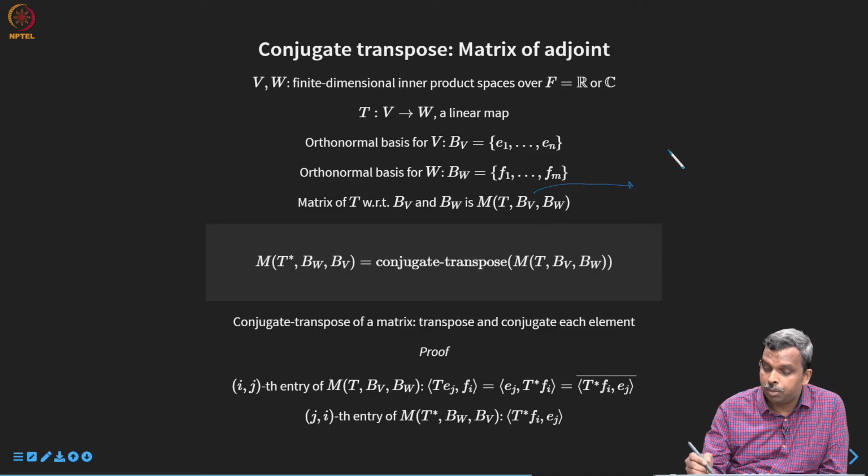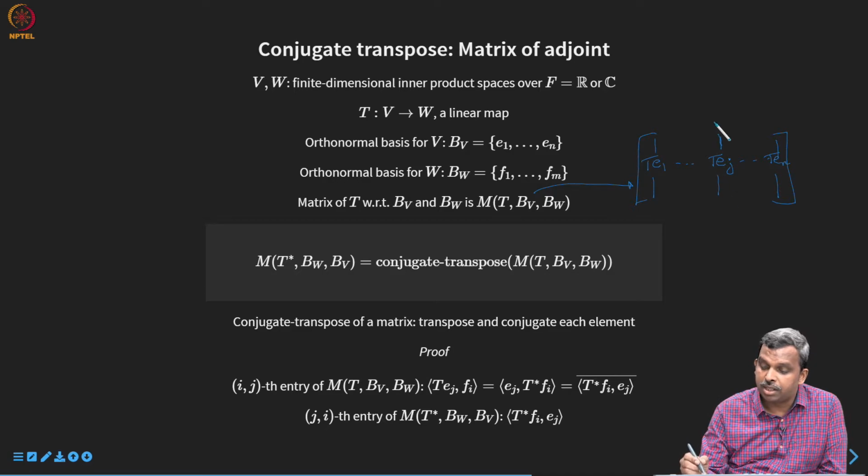If you look at the columns, you have T e1, T ej, let's say, T en. So the jth column is T ej coordinates in what basis?